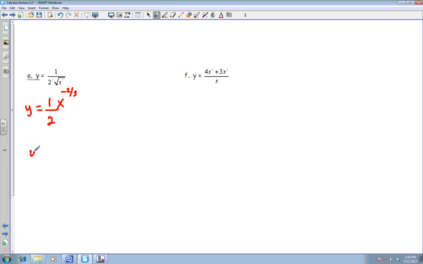So y prime equals, bring down my exponent. So I'm going to go ahead and write this out. Negative 2/3 times 1/2. Subtract 1 from your exponent. So up here, negative 2/3 minus 1, so negative 2/3 minus 3/3, it's negative 5/3.